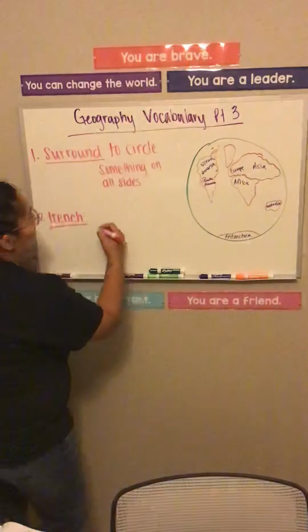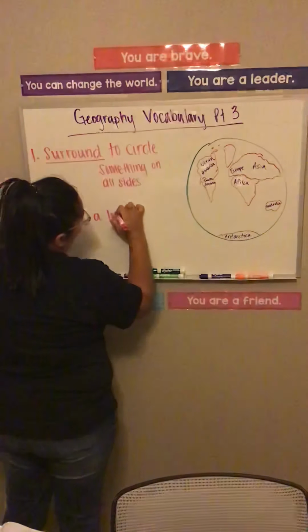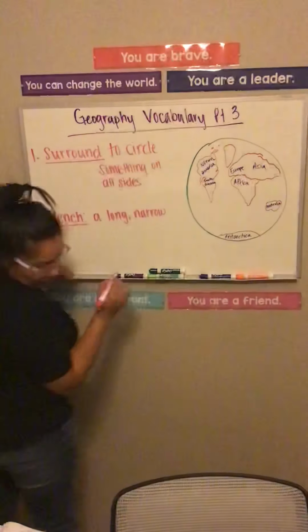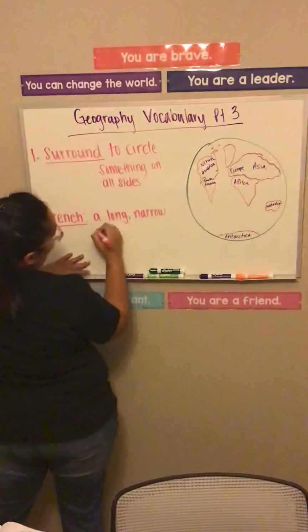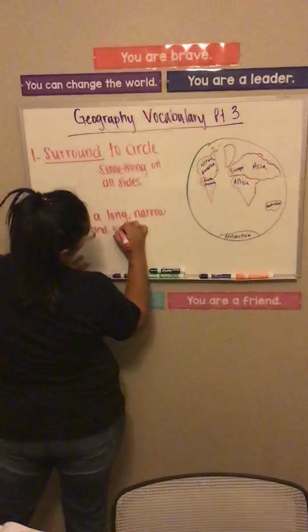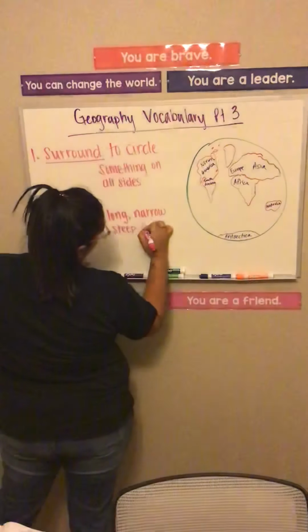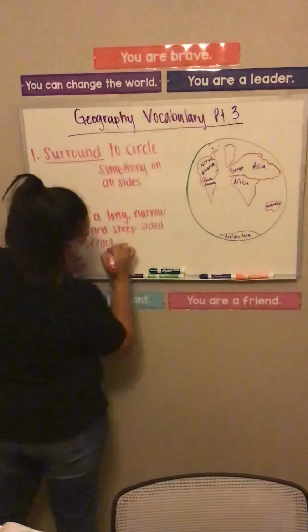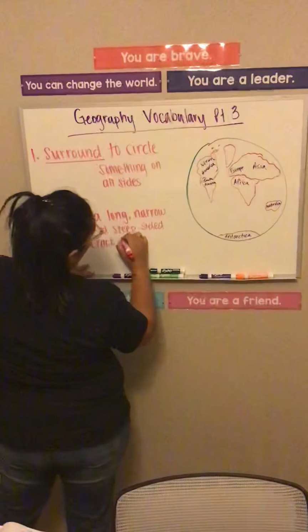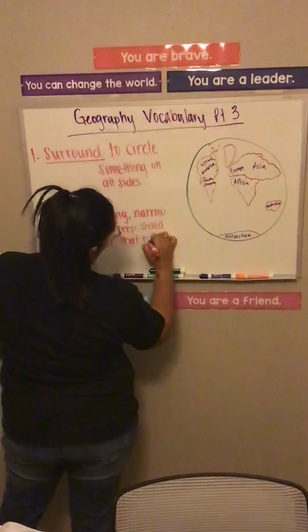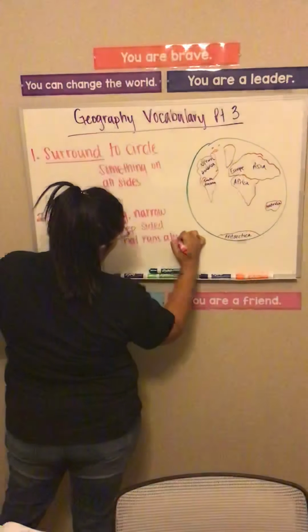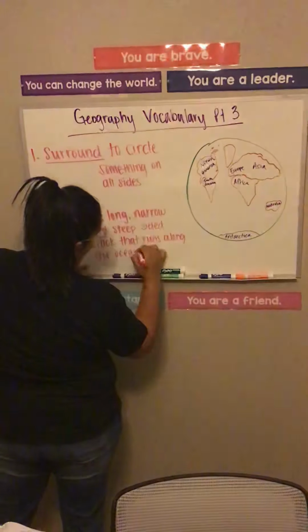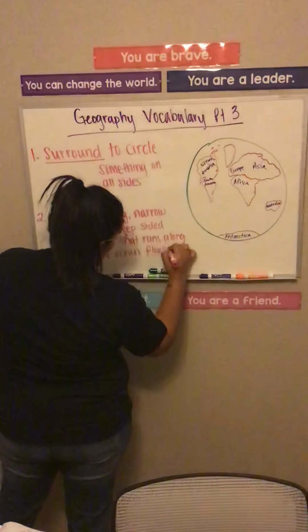And what a trench is, it is a long, narrow, and steep-sided crack that runs along the ocean floor.